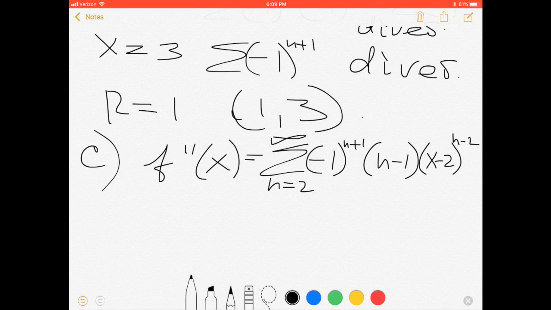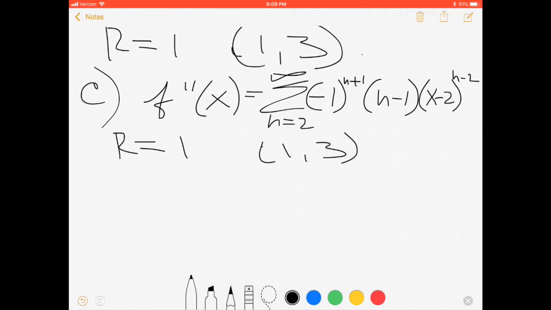Okay. The radius of convergence is the same, 1. The interval of convergence is 1, 3. And I think if you check easily, you have 4.